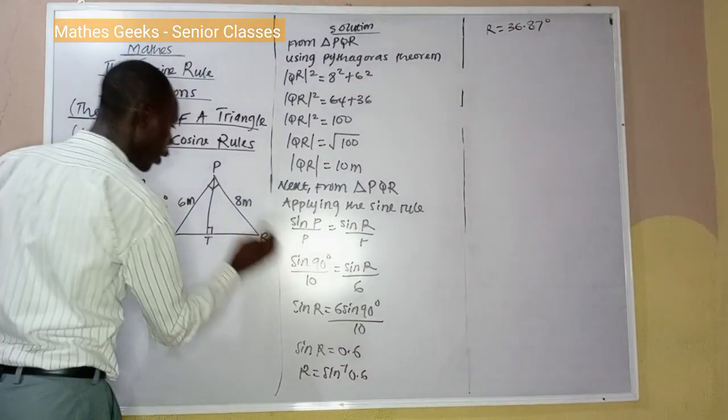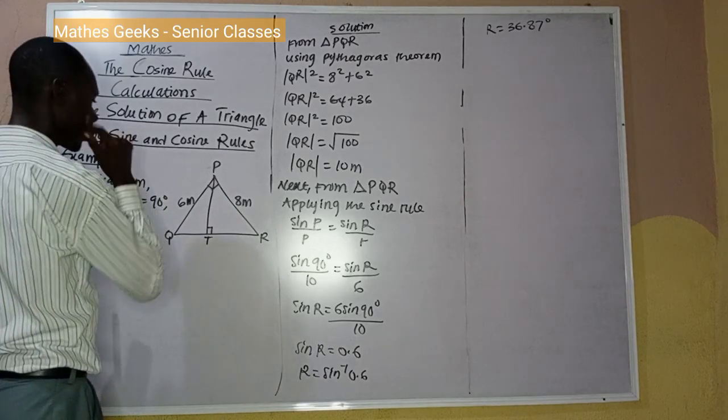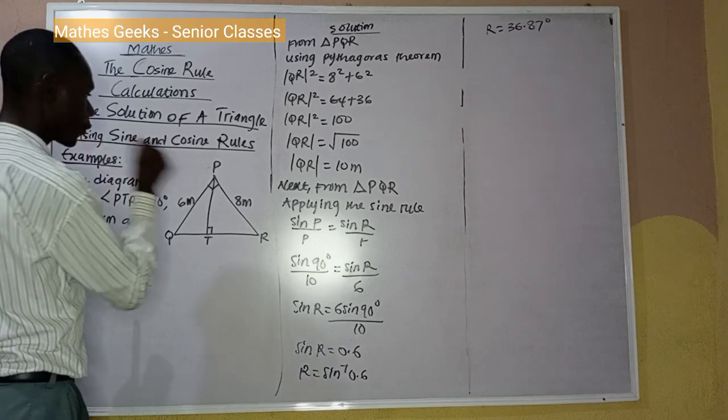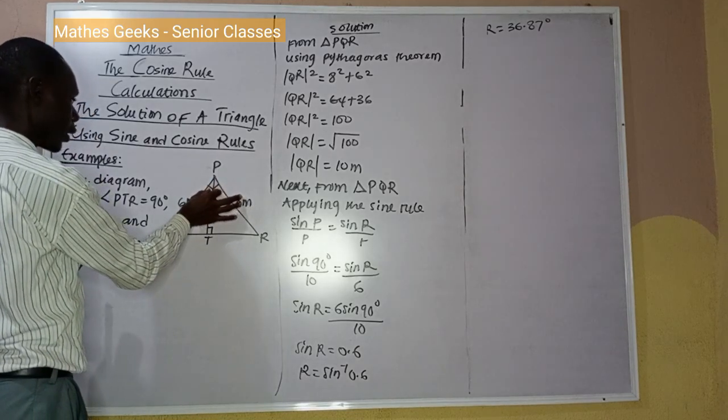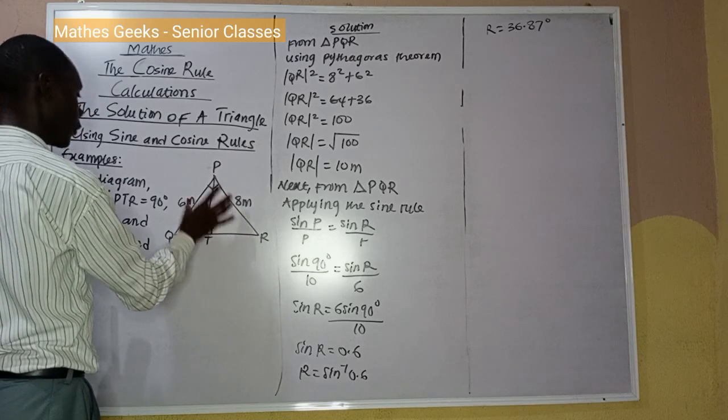We look for angle R because the question says to find TR. Since we knew that this angle here is 90 degrees, we can get a right angle triangle.